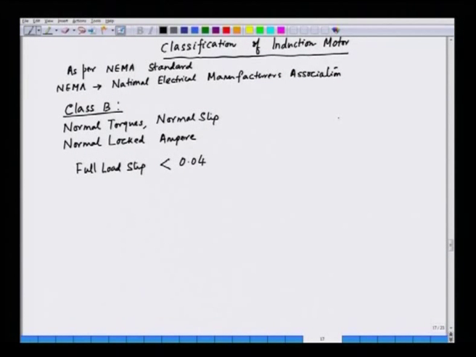Now, if we draw the torque speed characteristic of this motor, it basically is a normal torque speed characteristic and has got very general application. So, let us see the torque speed characteristic of class B motor. So, we have torque speed characteristic like this. This is the torque, and we have the speed in the y axis, and the torque speed characteristic is a normal torque speed characteristic.